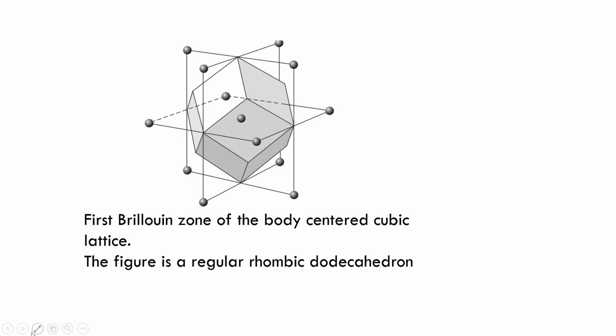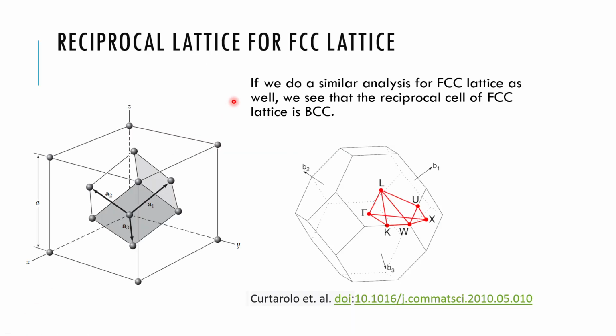Now let's see the reciprocal lattice for an FCC lattice. If we do a similar analysis for the FCC lattice as we did in the previous section, and try to find B1, B2, B3 for an FCC lattice, we find, to our surprise, that if any structure is FCC in real space, then in the reciprocal space it becomes BCC.